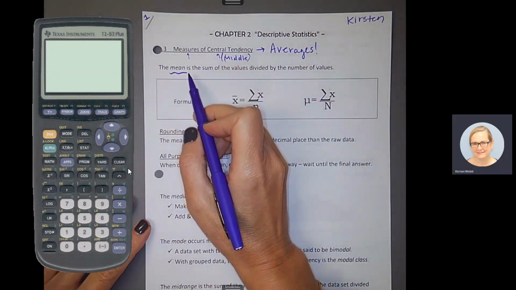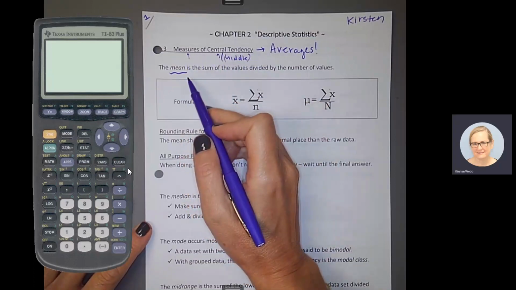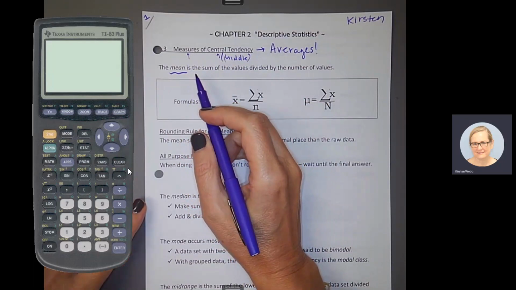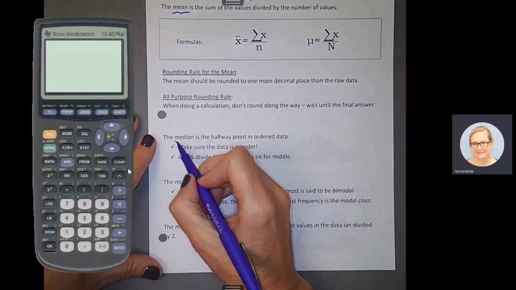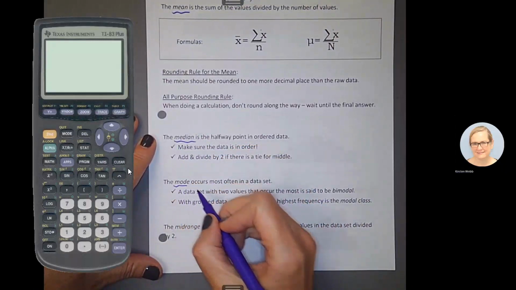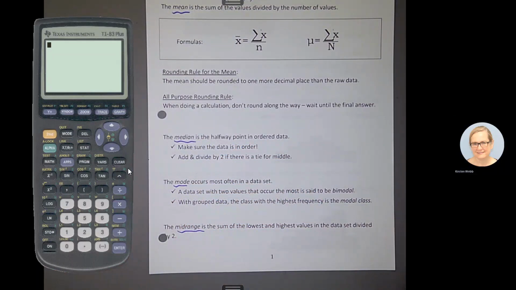That's called the mean. So not only can we measure the center of a data set with the mean, like we're accustomed to, but we have a couple of other types of averages we're going to talk about also, like the median and the mode and the mid-range. Four of them all together.